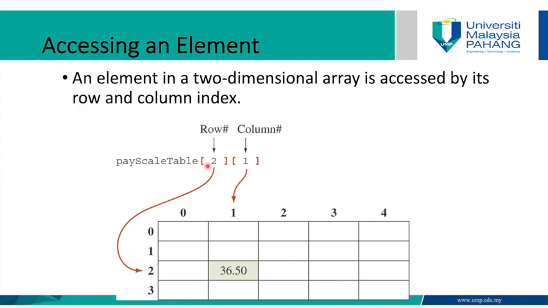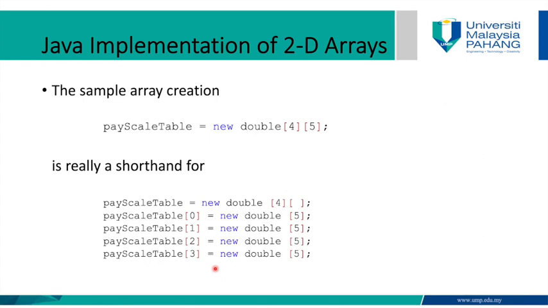Base scale table, the row number, which is 2, and then the column number 1. Base scale table, square bracket 2, square bracket 1, it will refer to you this value in the table. So this is the sample for you to create the 2D array.